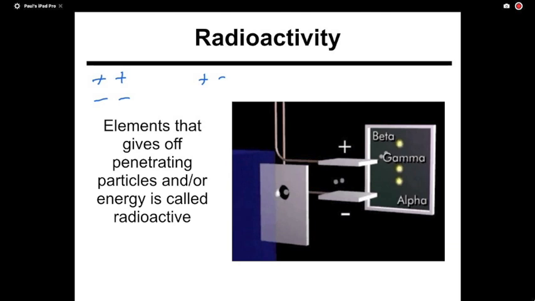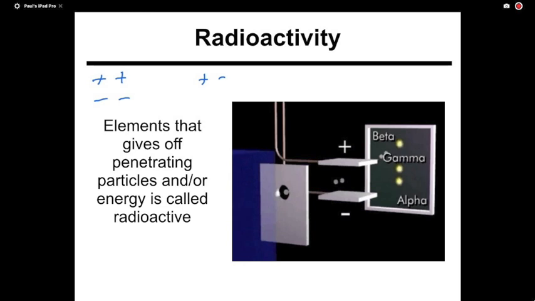Nothing's going to happen. My push is the same, right? But they're influenced differently. So those charged plates are the same. Which one is lighter? Smaller? The beta particles, because it moves so much more. The alpha particles are relatively heavy. And they actually saw that from the experiment.